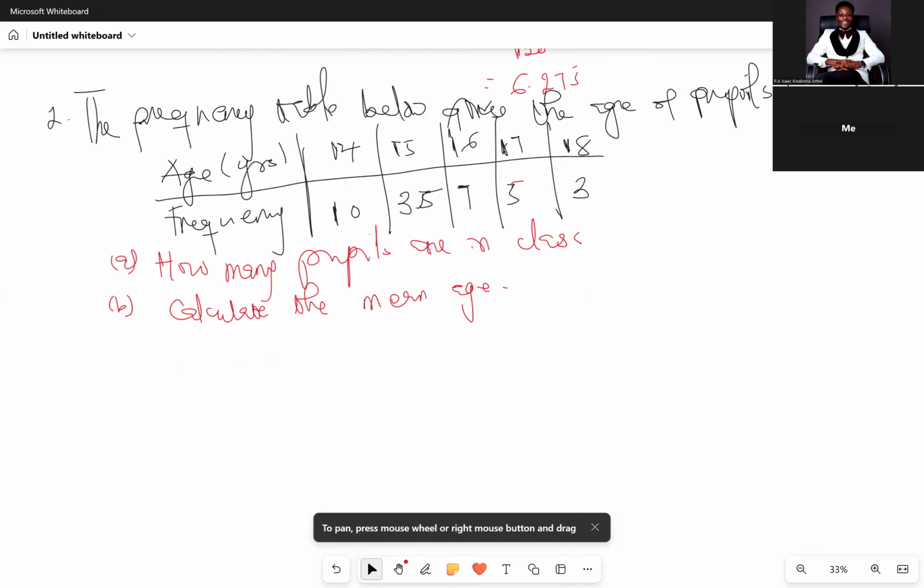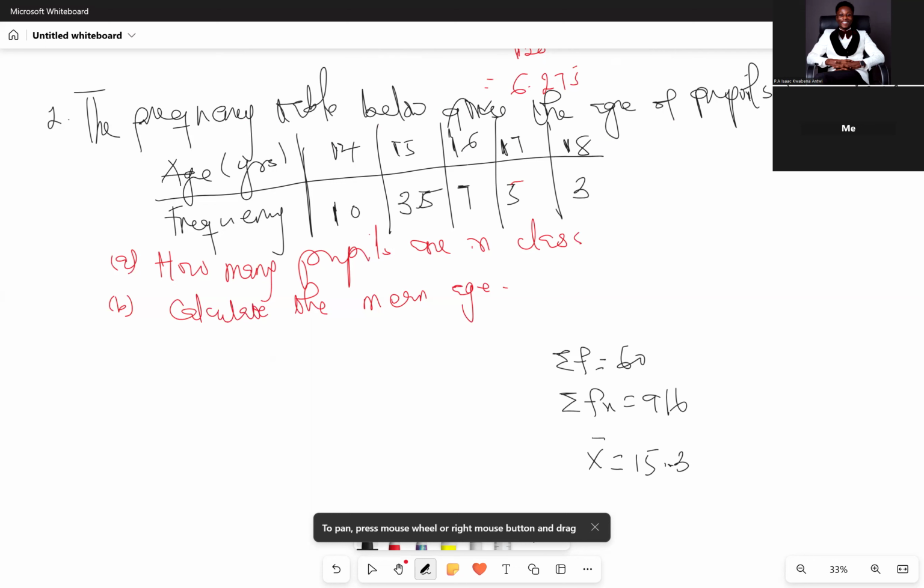So if you did things properly, your sigma f you're going to have 60, your sigma fx you will have 916. All in all, your mean will be equal to 15.3. Can I move on? Yes, sir.